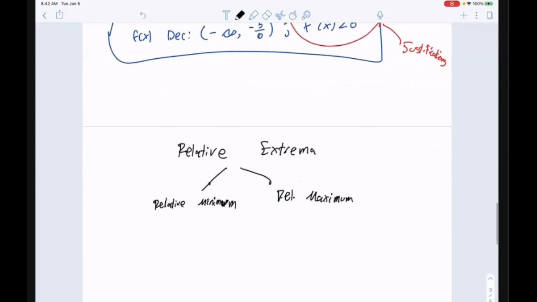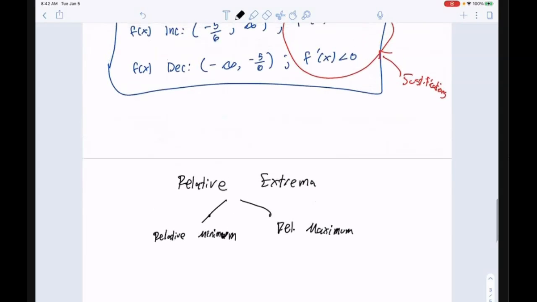We say the word extrema in the sense that we could be talking about relative mins or relative maxes. Most problems will just ask you to find the relative extrema because we don't want to say find the relative minimum and the relative maximum. Some problems do, but rarely do they say both of them.